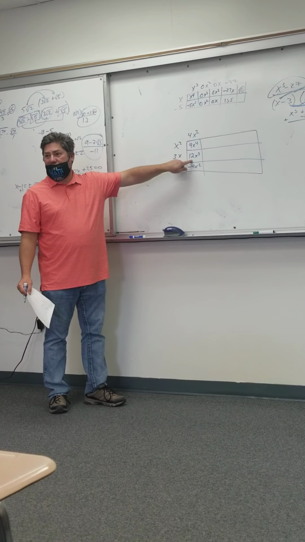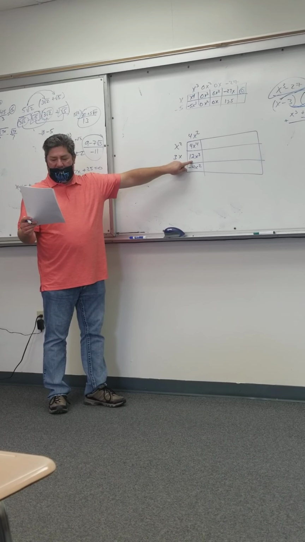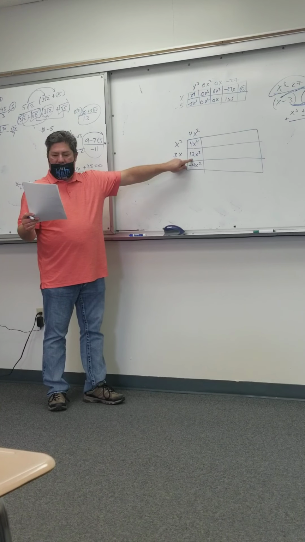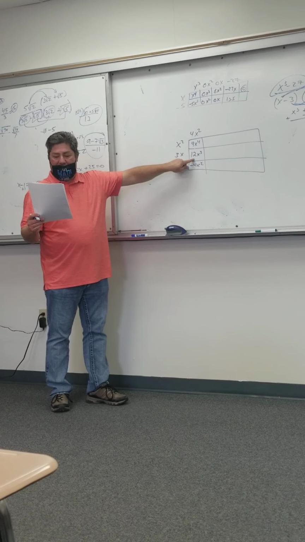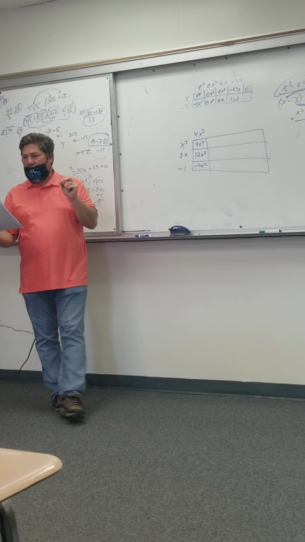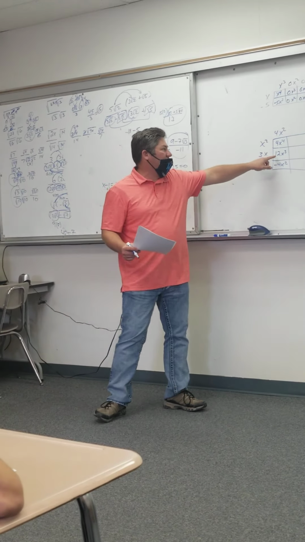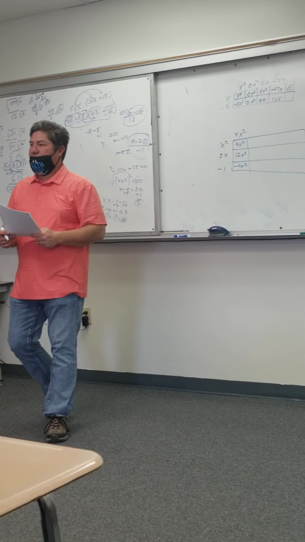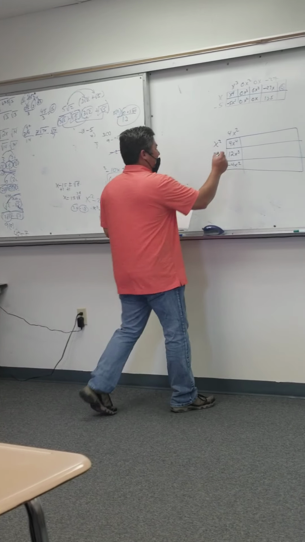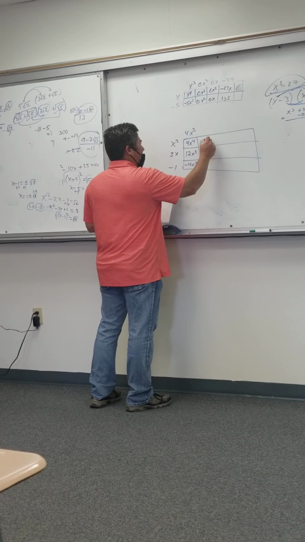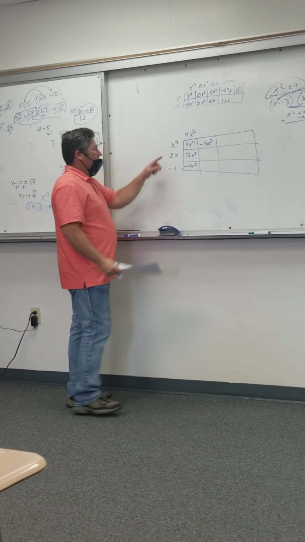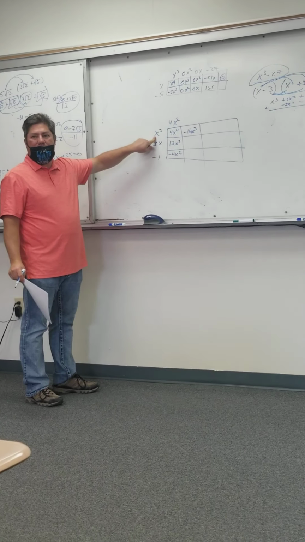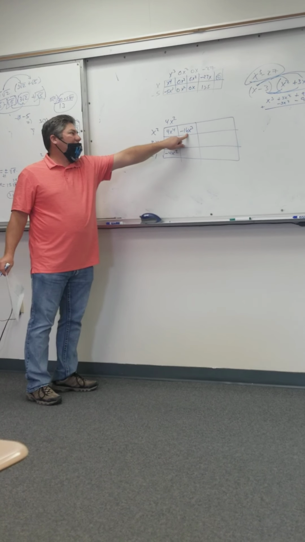I have 12x cubed, but what do I wish I had? Negative 4, right? So you gotta really think on this one, on a number line. You're at 12 and you want to get to negative 4. You gotta subtract 16x cubed. Okay? What do I times this by to get that?